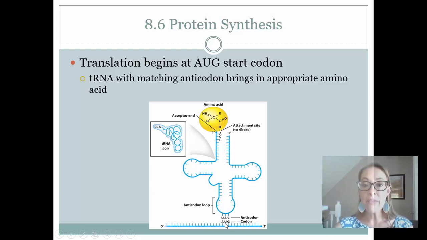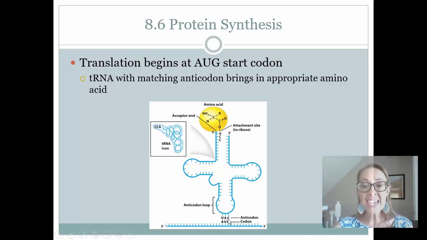So where we have AUG as our start codon, the anticodon that's going to allow for this tRNA to come in with methionine as its amino acid up here is going to be UAC. It's base pairing. Where we have an A, we will have a U. Vice versa, where we have a U, we will have an A. C and G are going to pair here.